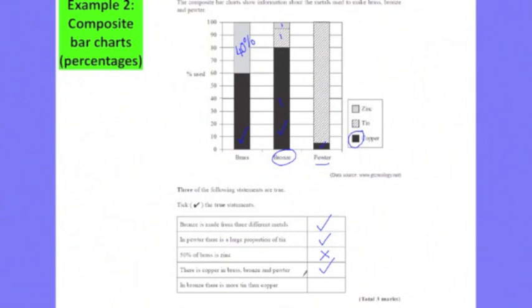In bronze, that's this one in the middle here, there is more tin than copper. So we're looking at tin, this section, is it more than this section? No, we can see here that the solid section is significantly more, so this is false.